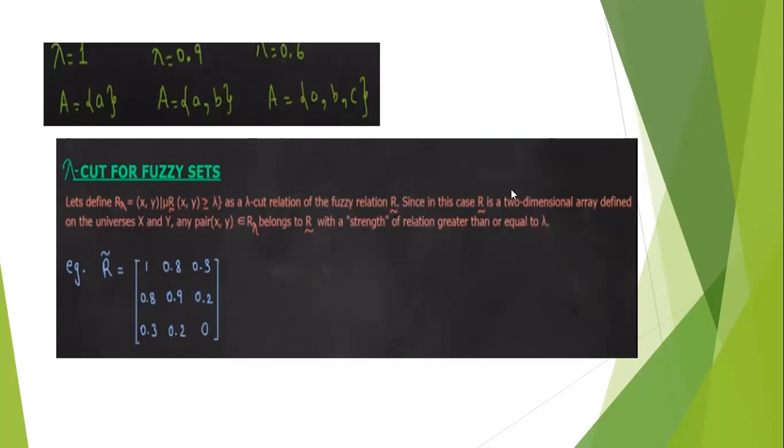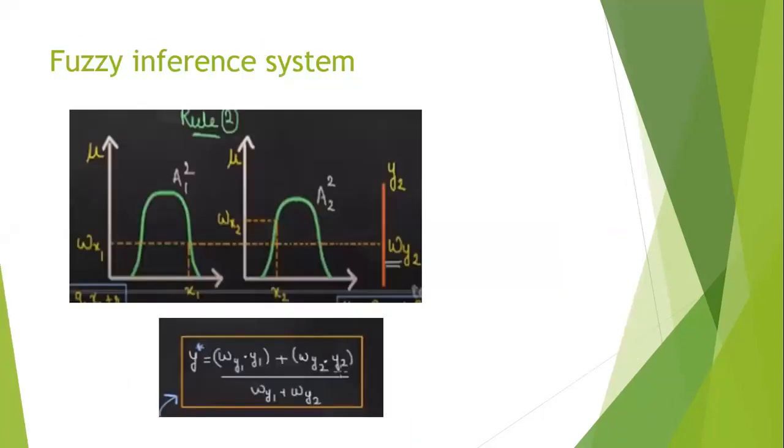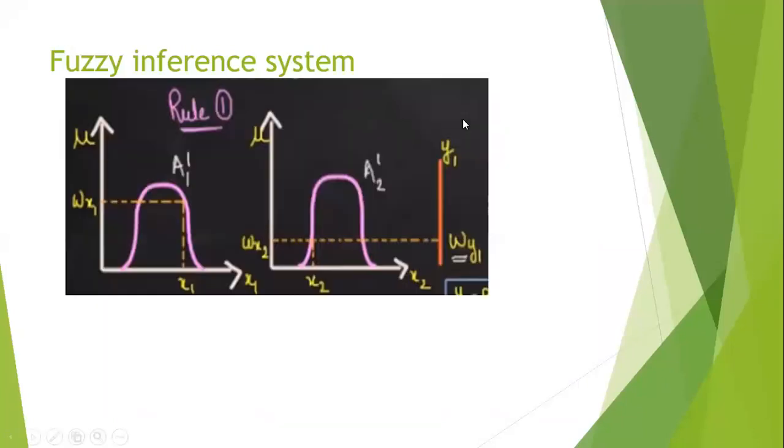So in today's class, we have discussed the Sugeno fuzzy inference system, which is different from your Mamdani system in the consequent part only. The aggregated output is obtained using the weighted average defuzzification method in the Sugeno system.